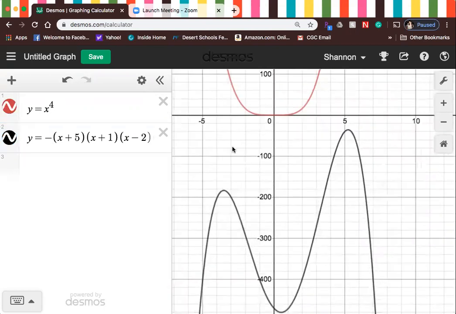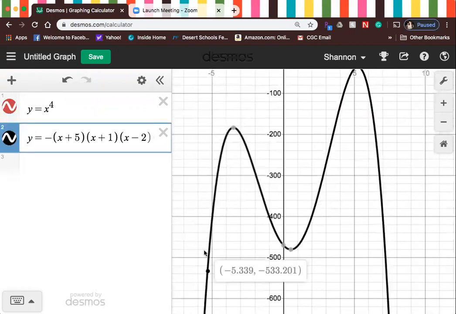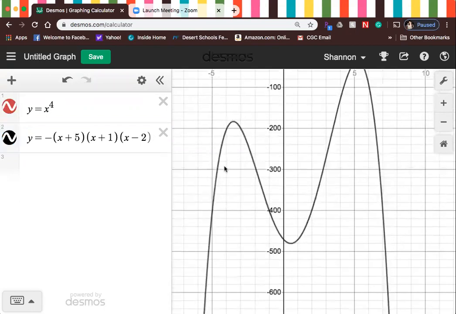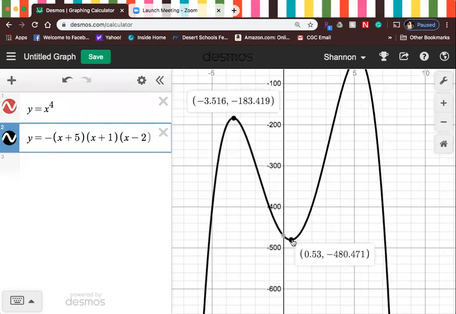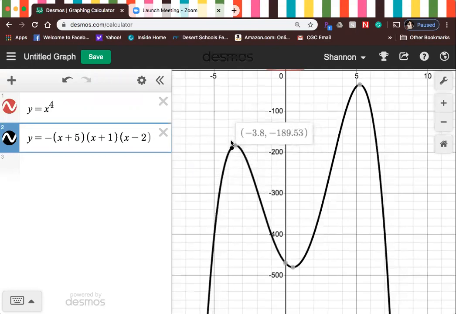Now it has no x-intercepts at all, but it still has 4 directions, up, down, 1, 2, 3, 4. It still has some peaks and valleys, maxes and mins, and it still has 3 concavities. Concave down over here, then concave up, and then concave down.